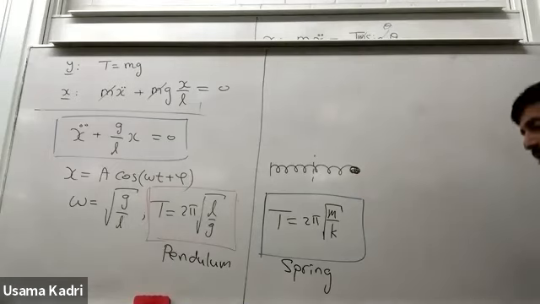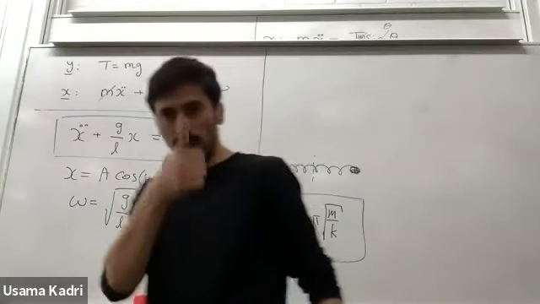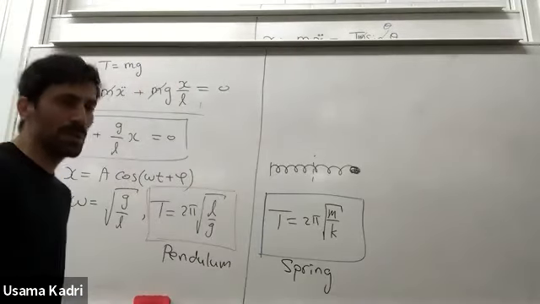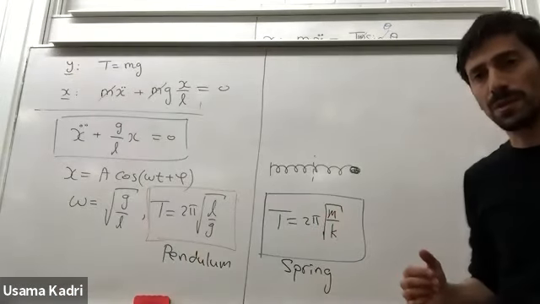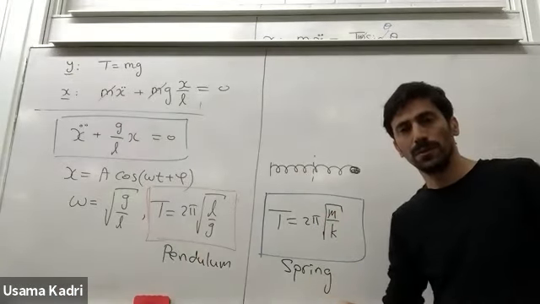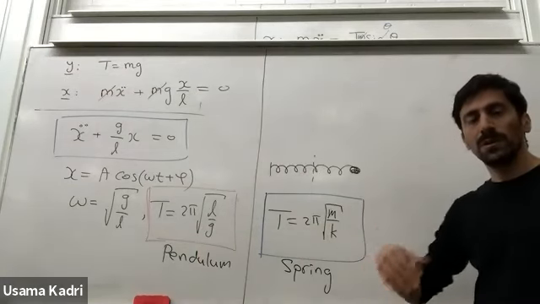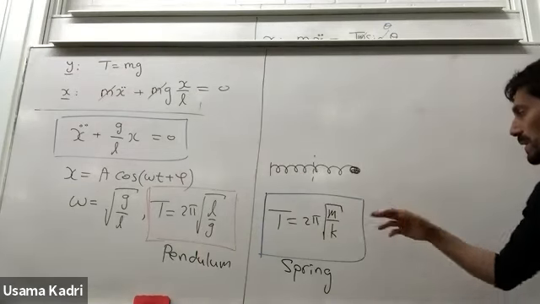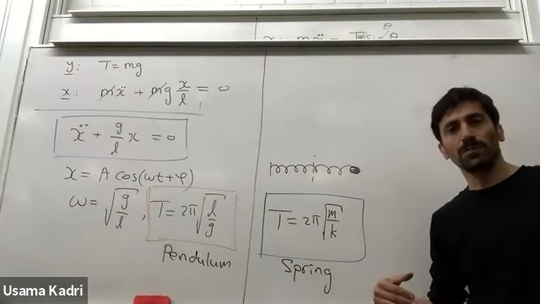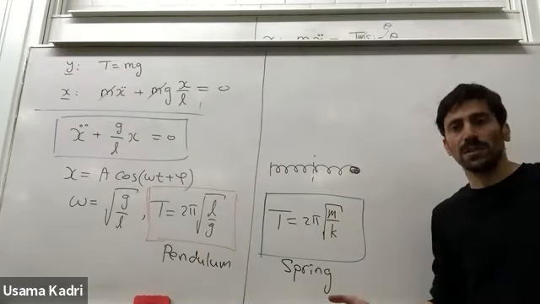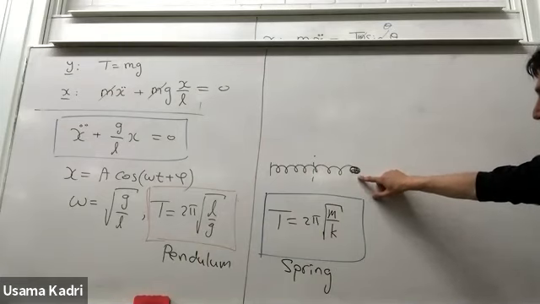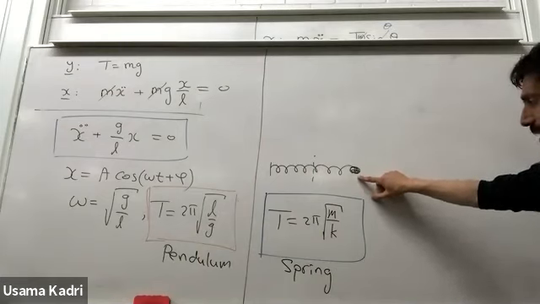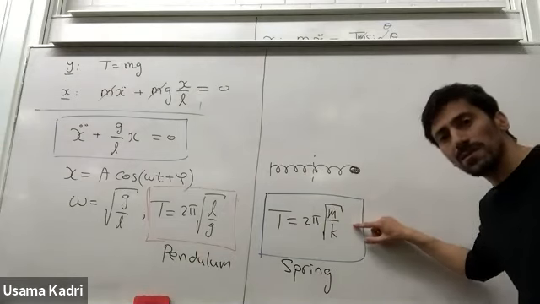If the force is the same and the mass goes up, now think in terms of Newton, F equals ma, what happens to the acceleration? It has to go down. If the mass goes up by a factor of 2, the acceleration has to go down by a factor of 2 because the force is not changing. So if I'm increasing the mass, the acceleration in the system has to decrease.